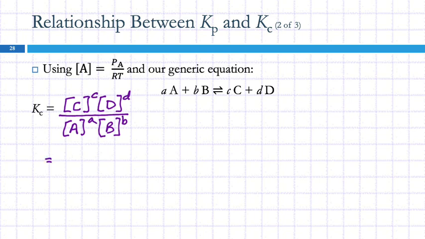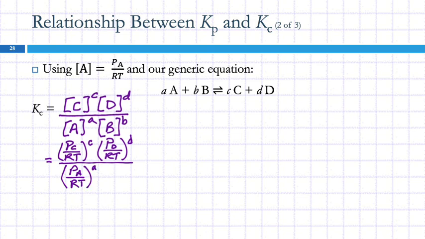So, instead of the concentration of C, I've got the partial pressure of C over RT to the C power, the partial pressure of D over RT to the D power, divided by the partial pressure of A over RT to the A power times the partial pressure of B over RT to the B power.